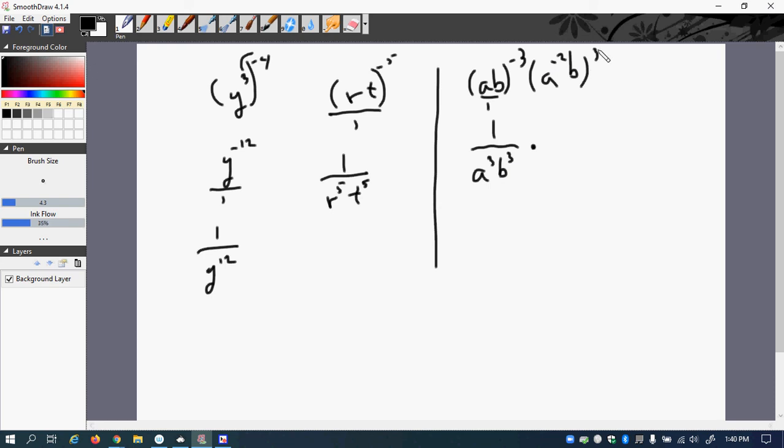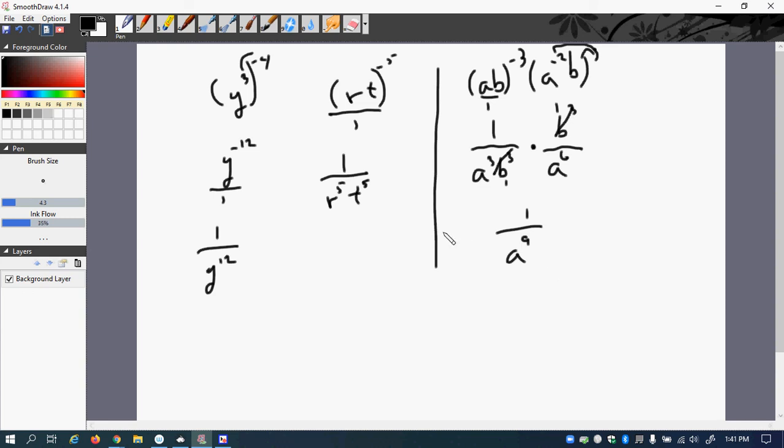This one, the 3 goes to the 2, so that's A to the negative 6, and the 3 goes to the B, so that's B to the 3rd, and the negative forces the A to go to the denominator, to the 6th. We can see that the B's cancel, and they get 1. So we have 1 in the numerator, and A to the 3 times A to the 6 makes it A to the 9th. And so this is how these kinds of problems are done.